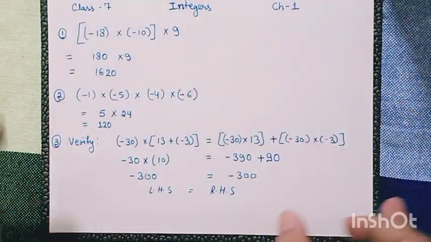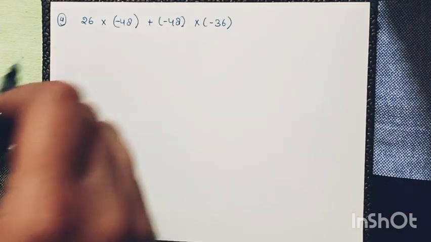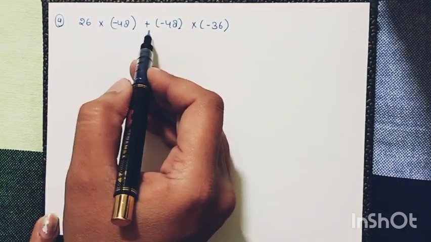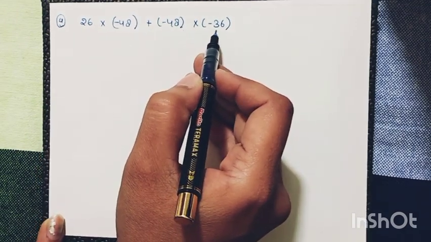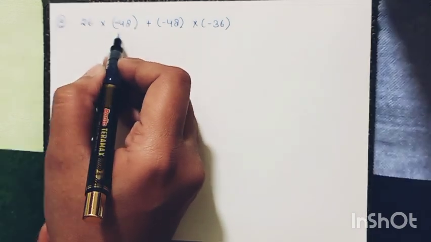Let's have some other questions. Coming to the next question, number 4, which is simply 26 multiplied by minus 48 plus minus 48 multiplied by minus 36. Here it is written in the distributive manner.